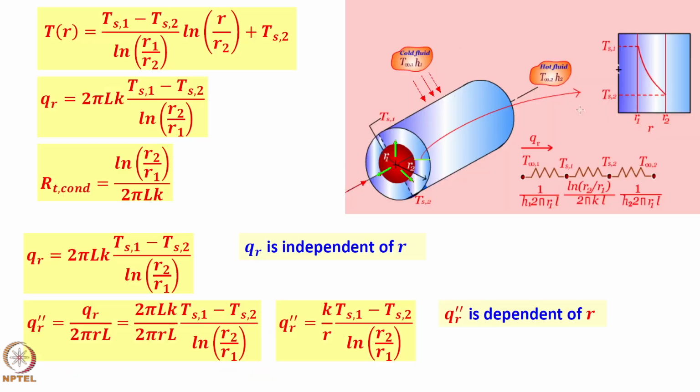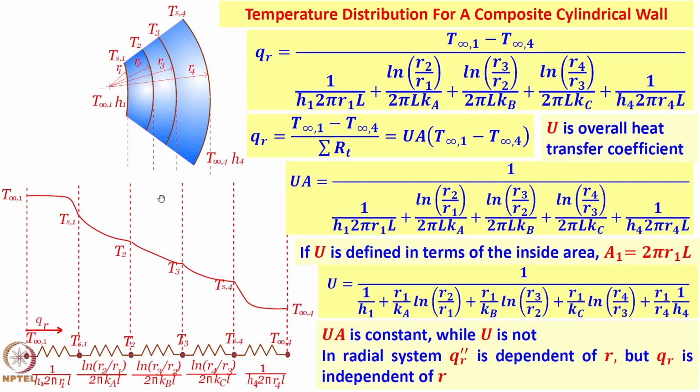It is just an extension of this: log of bigger radius by smaller radius divided by 2 pi L k of that medium. Same thing each time.